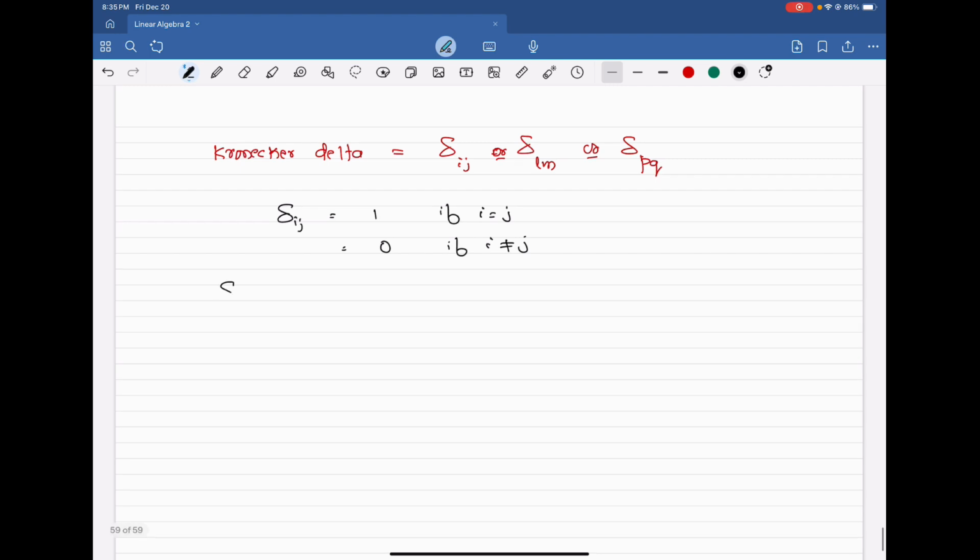And this delta ij is nothing but the dot product of two unit vectors, ei dot ej. This is equal to 1 if i is equal to j, and equal to 0 if i is not equal to j.